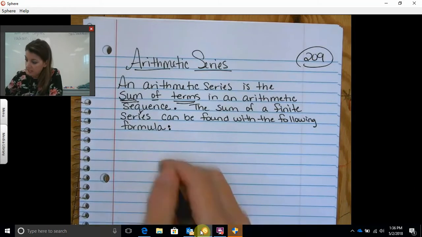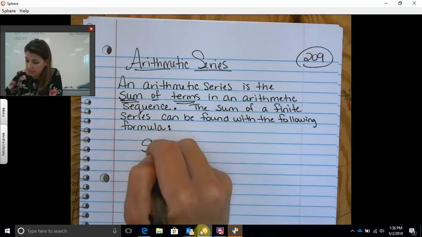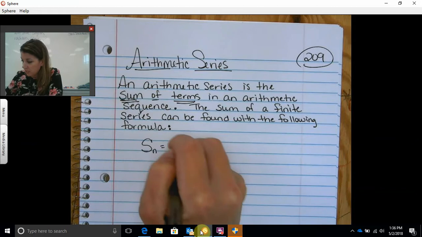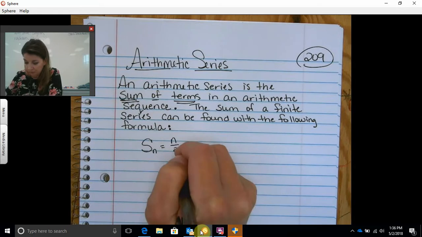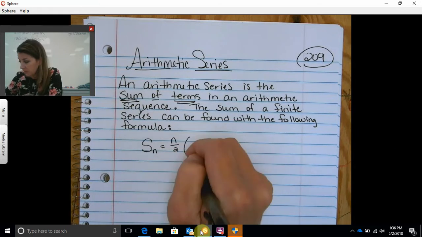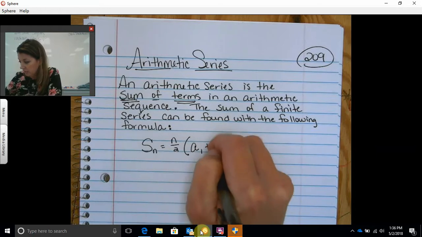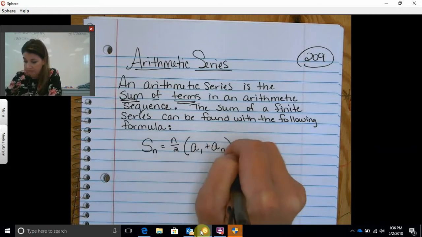And that formula is S sub n equals n divided by 2, open parentheses, a sub 1 plus a sub n.